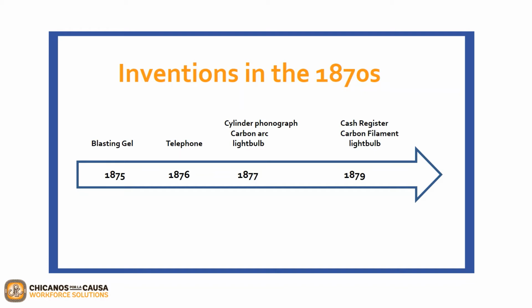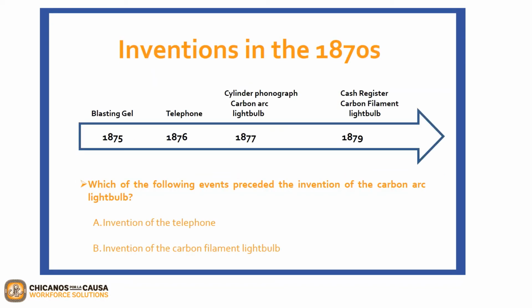Now, let's answer the following question using the timeline. Based on the timeline, which of the following events preceded the invention of the carbon arc light bulb? Our possible answers are A, invention of the telephone, B, invention of the carbon filament light bulb.